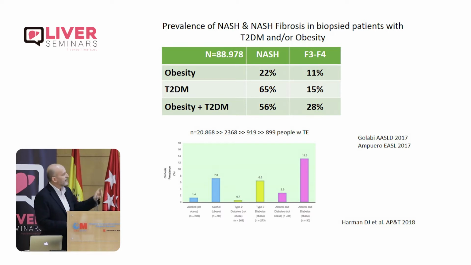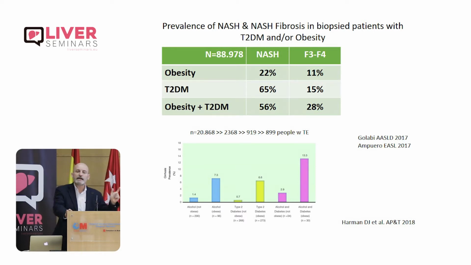In an epidemiological study in the Nottingham area, which is in press in Alimentary Pharmacology and Therapeutics next year, they called 20,000 people, selecting patients in this area with diabetes, obesity, or with alcohol consumption higher than 21 units of alcohol per week in males or 14 in females.